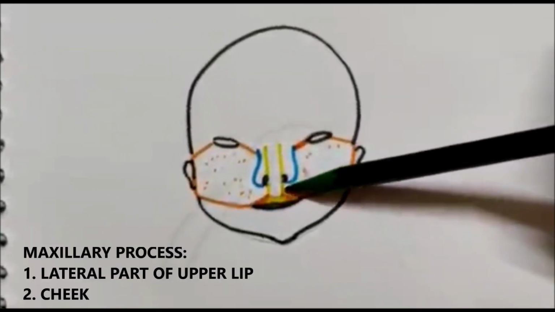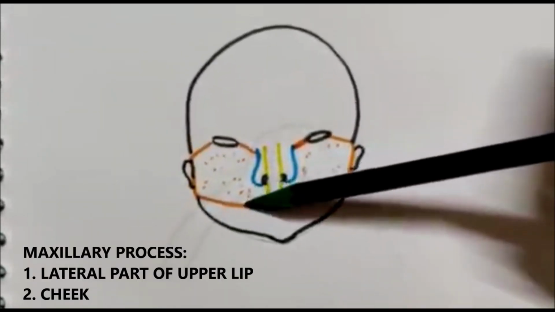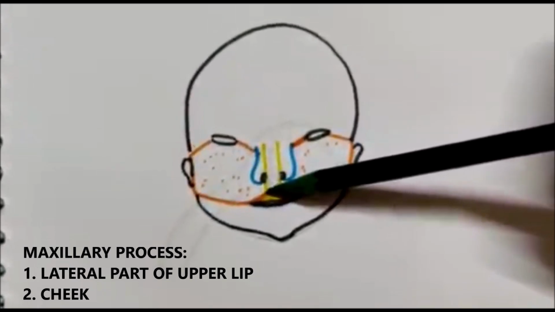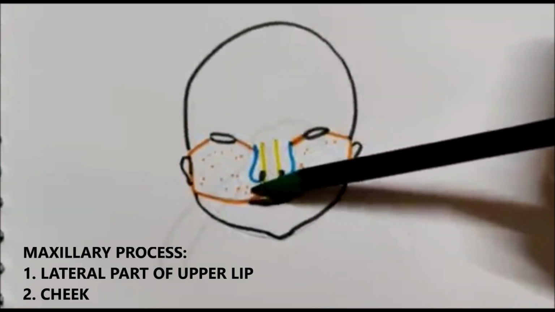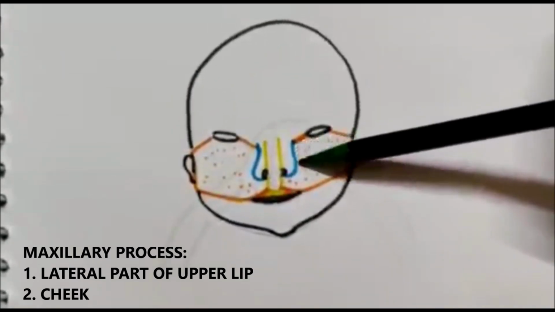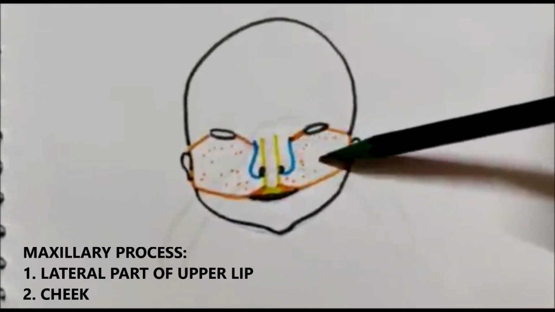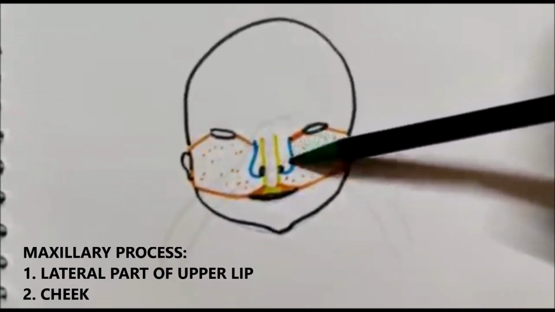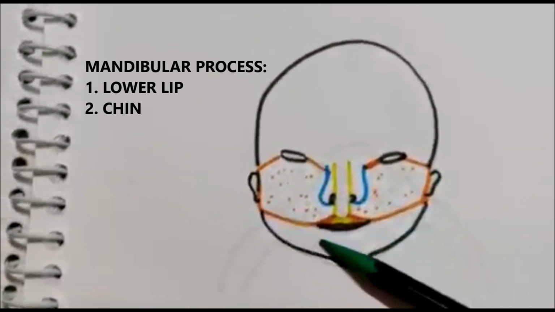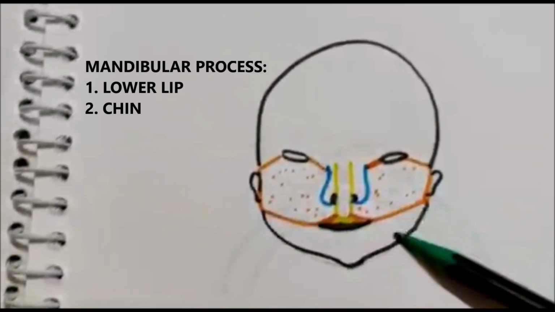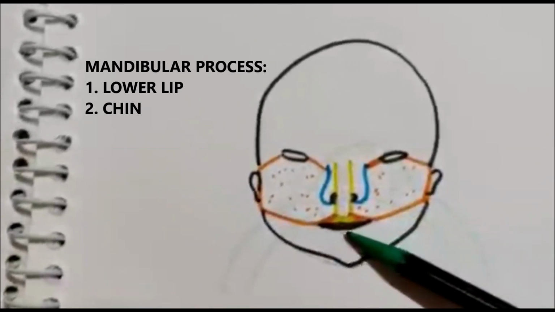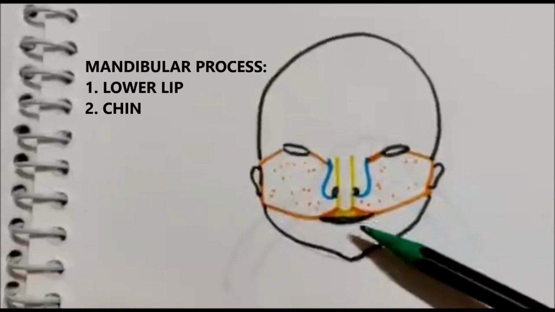The lateral part of the upper lip has developed by the fusion of the medial nasal process with the maxillary process. The cheek area has developed by the fusion of the maxillary process with the lateral nasal process. Mandibular processes also fuse in the midline to form the lower lip and the chin area.